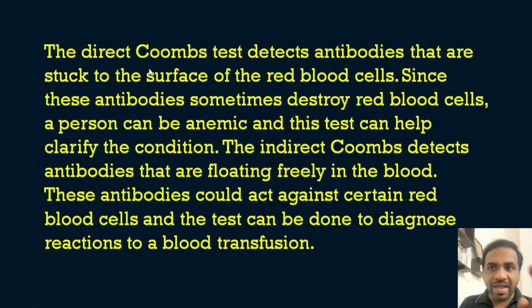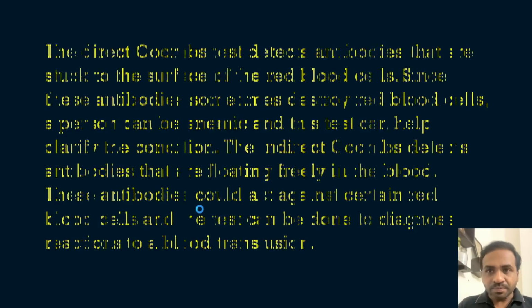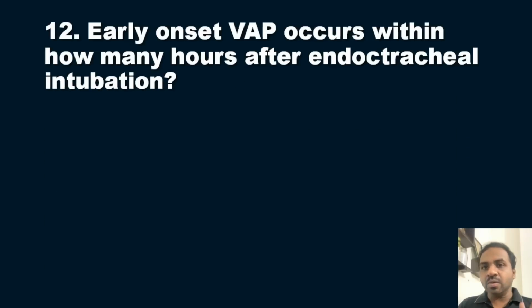These antibodies could act against certain red blood cells, and the test can be done to diagnose certain reactions to a blood transfusion. So don't be confused. I think you got the information.